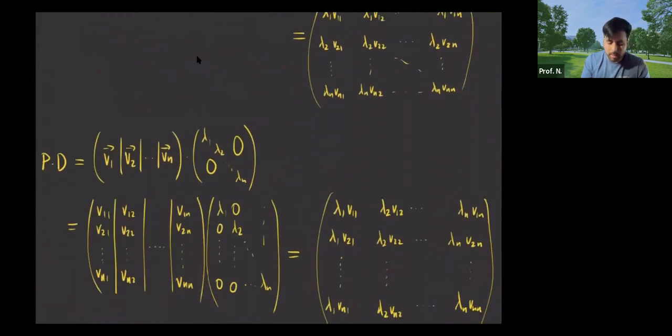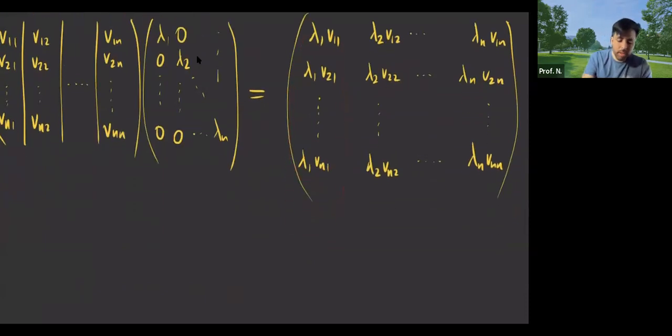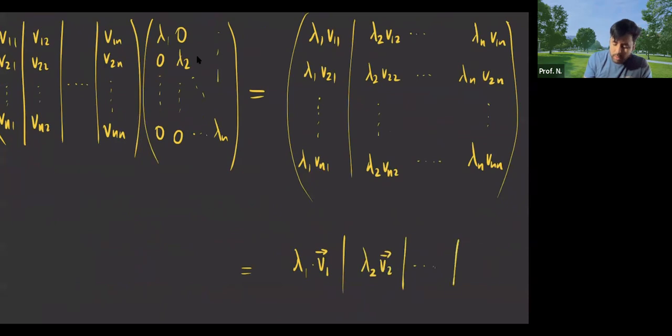But what happens here? I can now treat this first column as really what? Lambda 1 multiplied by the column vector v1. And this is lambda 2, v2, all the way to lambda n, vn.